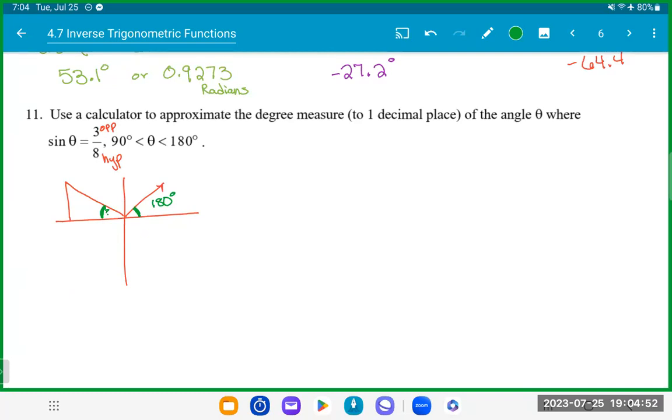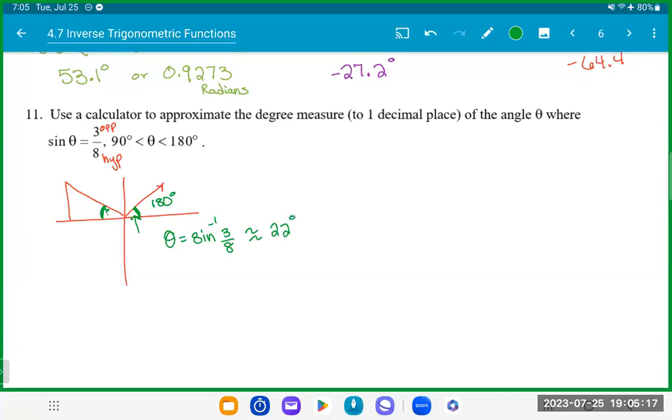So let's find the reference angle, because we can only do inverses in the first and fourth quadrant for sine. If I do theta equals sine inverse of 3/8 and put that into my calculator, then I get approximately 22 degrees.